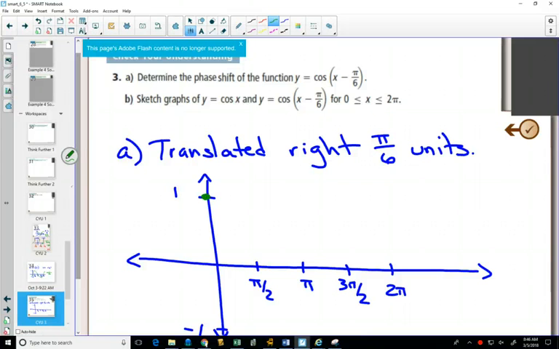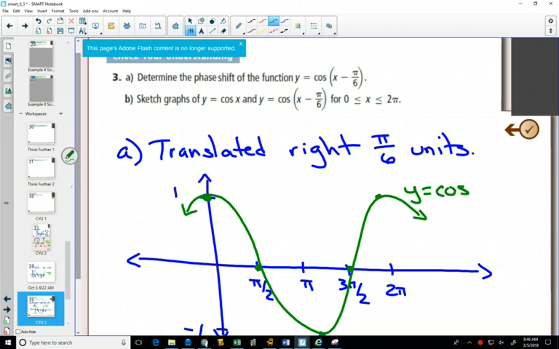A cos graph starts at a maximum, so it goes maximum, center line, minimum, center line, maximum. And we'll label this green one as y equals cos of x.